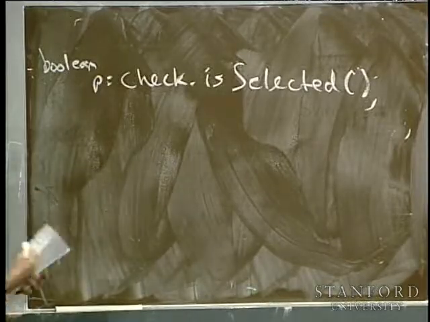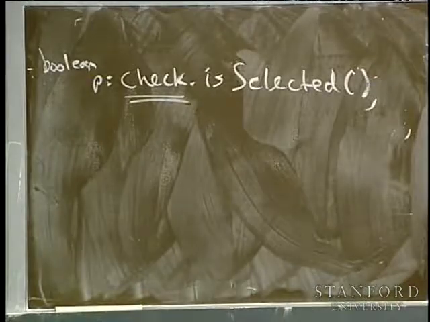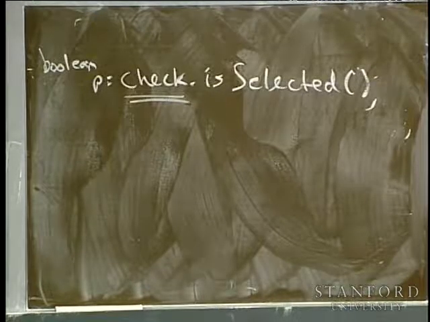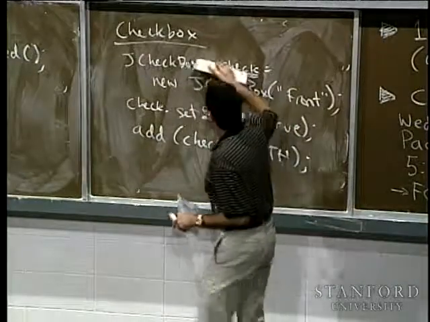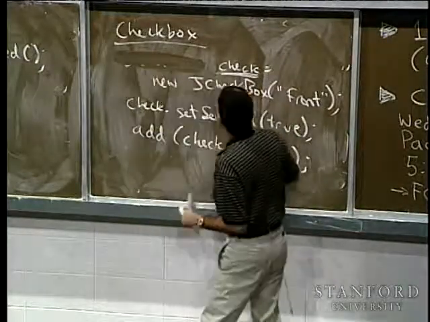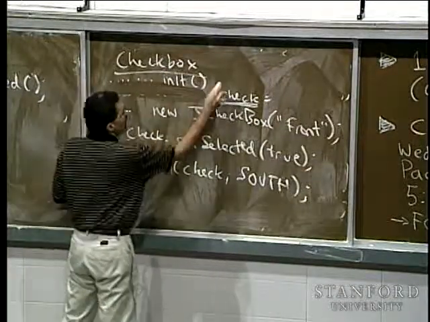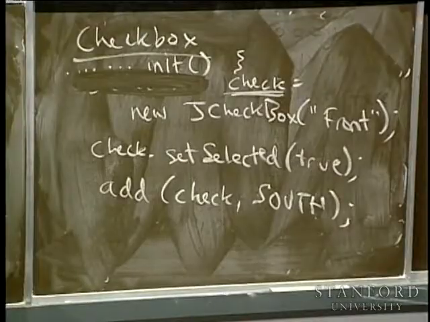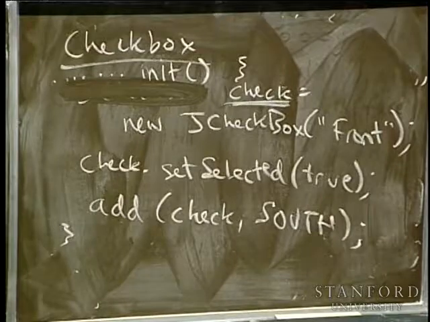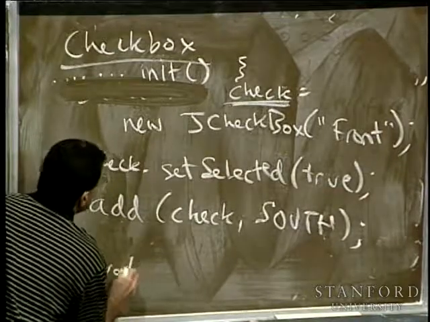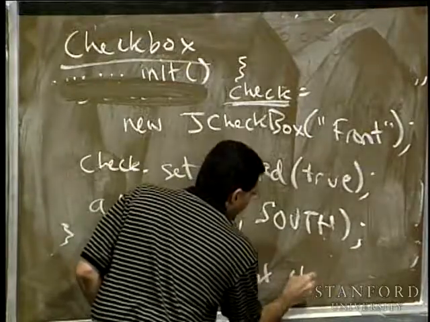So if you think about this, in order to be able to refer to check, what that means is when you actually declare this, this thing is probably not a local variable. This thing is probably actually an instance variable. Okay? So what that means is somewhere in your program when you're doing init, say this is your init method over here, and you have public void init, you would say check equals new JCheckBox, but really somewhere down here where you declare your instance variables, you would say something like private JCheckBox check.